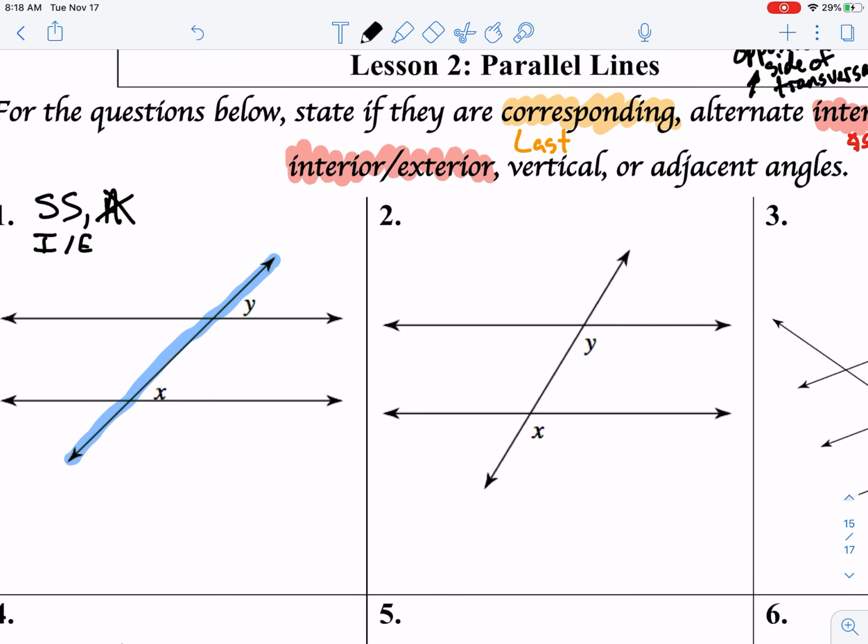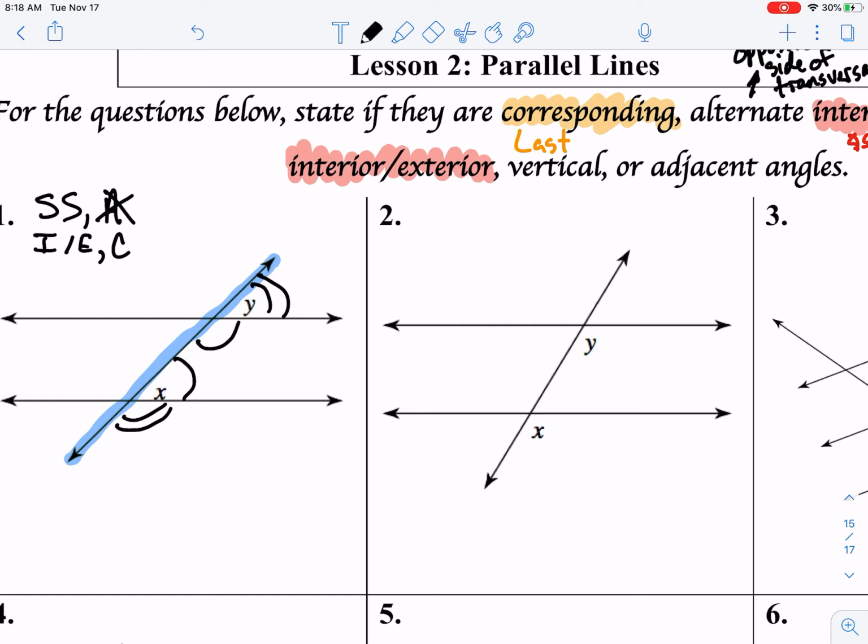So they would both be inside the parallel lines. If it's exterior, they would both be on the outside. If they're not both on the inside, or if they're not both on the outside, they're corresponding, okay?